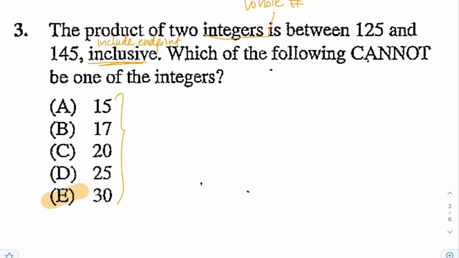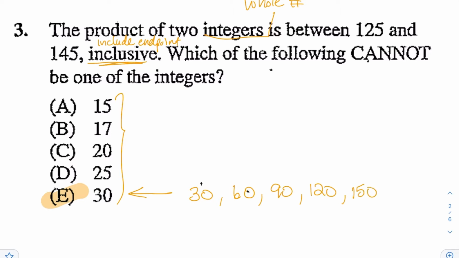So in order for something to have a product that's not inside this range, the number has to be really big. So you would actually try the 30 times table first. And if you try the 30 times table, you have 30 times 4 is 120, but 30 times 5 will be 150.